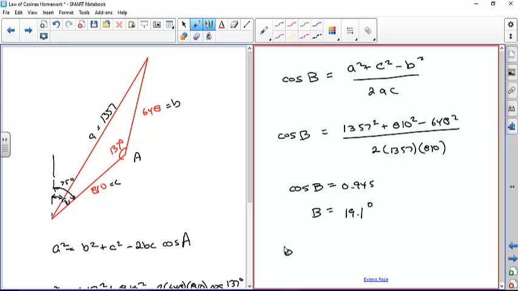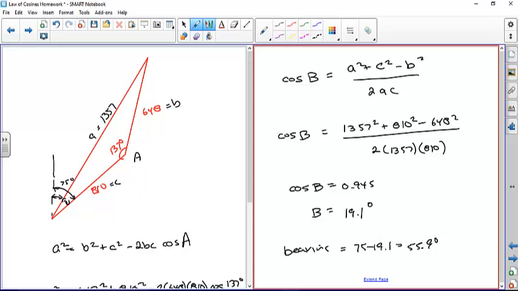So the bearing that I'm looking for in the answer is going to be equal to 75 minus 19.1, which is 55.9 degrees. And that sounds familiar, but I'm going to check the book anyway. They say 56, which is the same as 55.9.